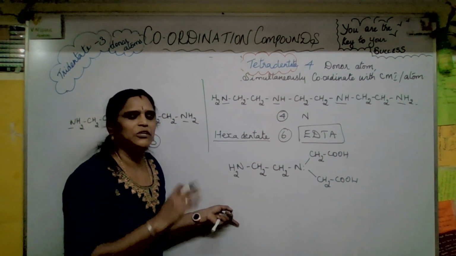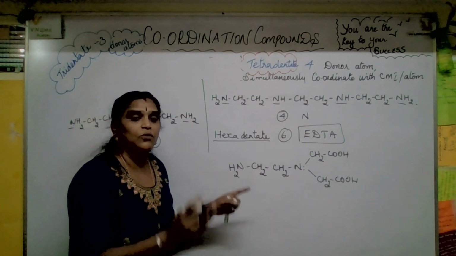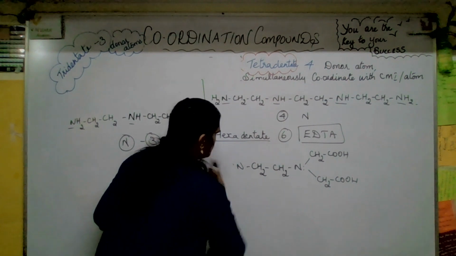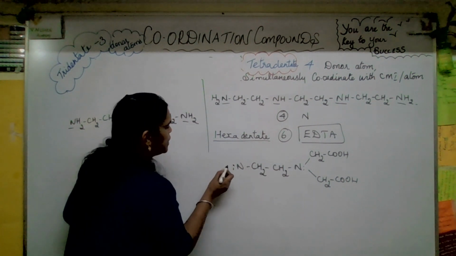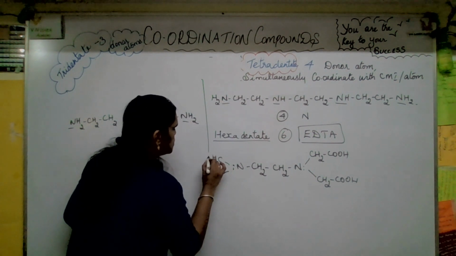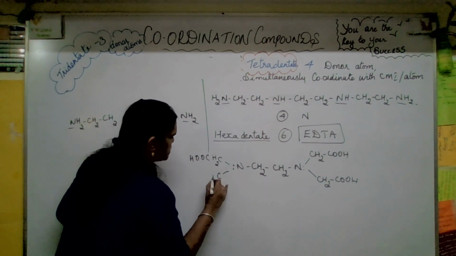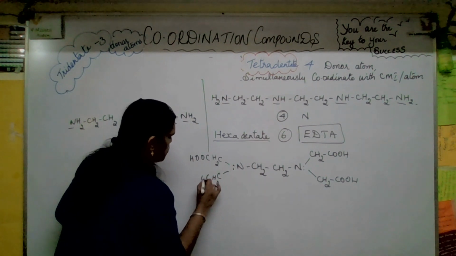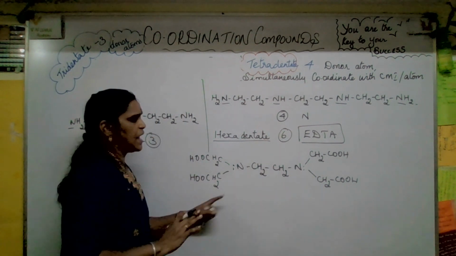It's so simple, you just see the trick. Ethylene diamine is the backbone, and from that you can build it. Here two hydrogens you just remove, and attach CH2COOH in the same way on each.